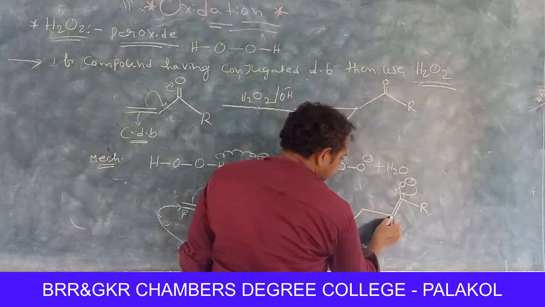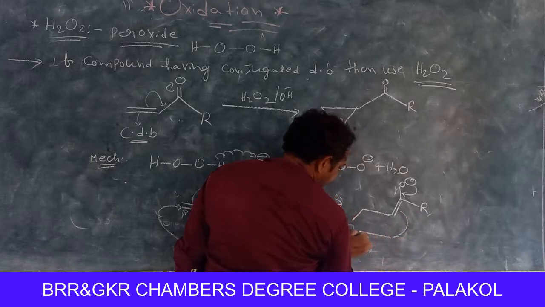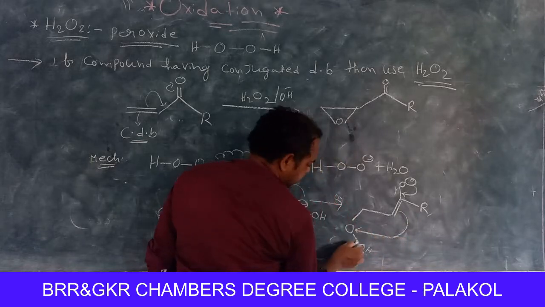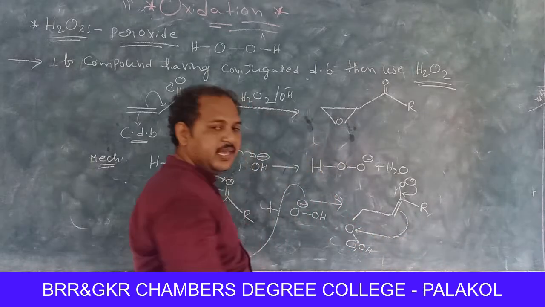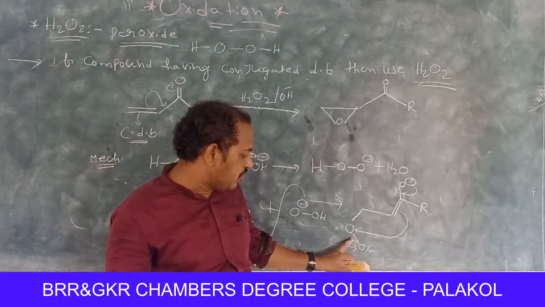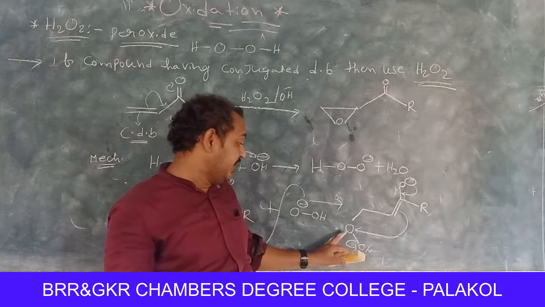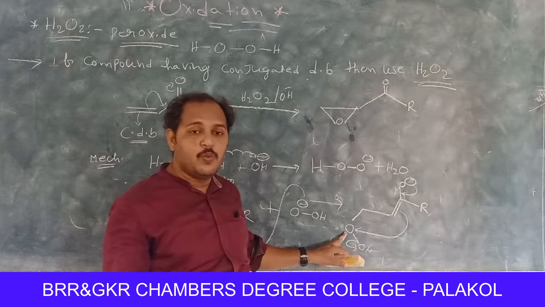So in that process you get a negative charge here, and here O plus, because OH is eliminated as OH minus. If OH breaks this bond and is eliminated as OH minus, then you will get a positive charge on oxygen.